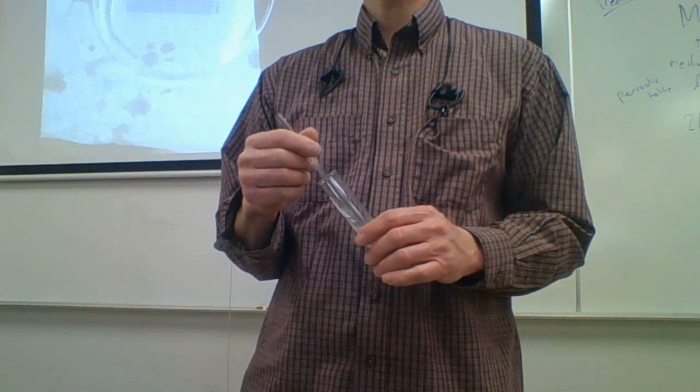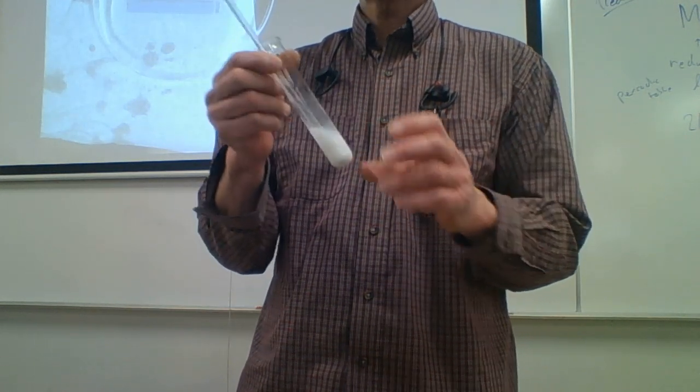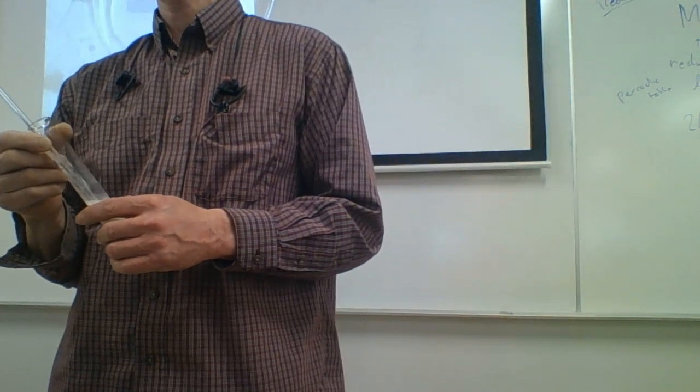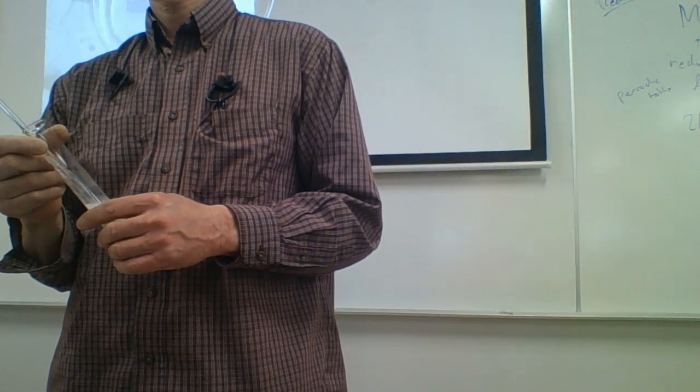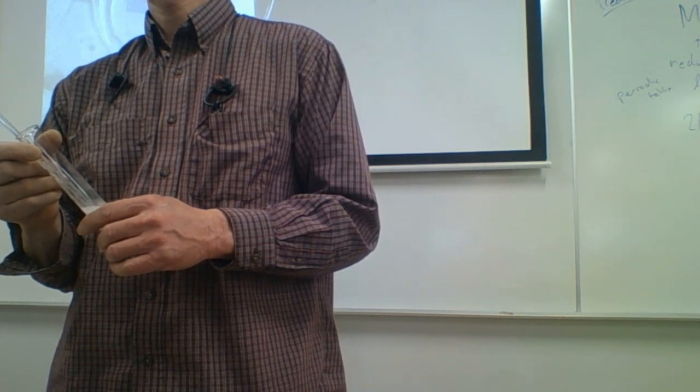Let's see what happens to the blue litmus first. What do you think is going to happen? Well, calcium oxide contains the strong base oxide, but calcium oxide in itself really isn't considered a strong base because it is insoluble.